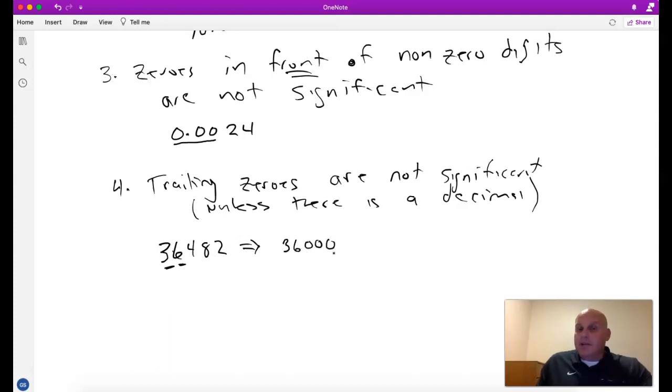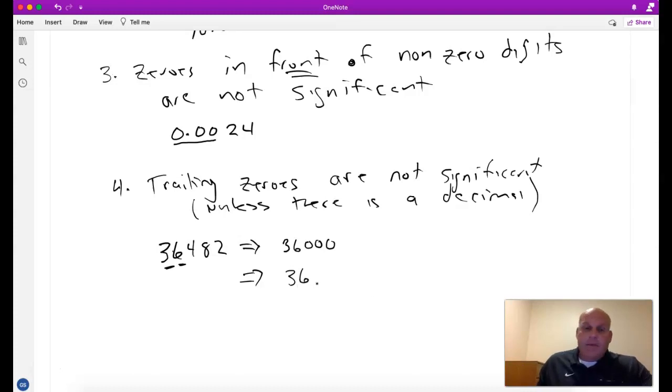So trailing zeros are not significant for that reason, because I have to be able to round and record answers with the proper number of significant figures. Every year I've been doing this, I will come across an example where somebody will take this value and give me a final answer of 36. Hopefully we can see the problem here.